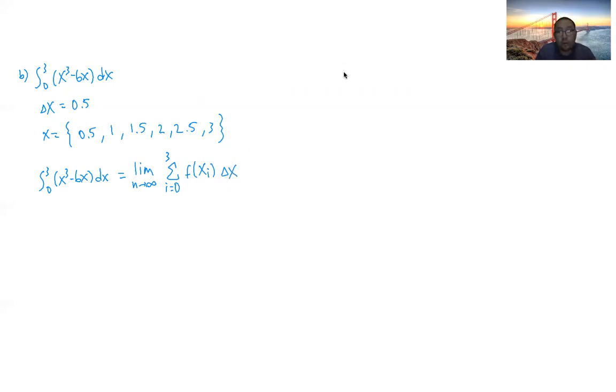And so we said that delta x is 1/2, it's a constant. That goes in front of the summation.